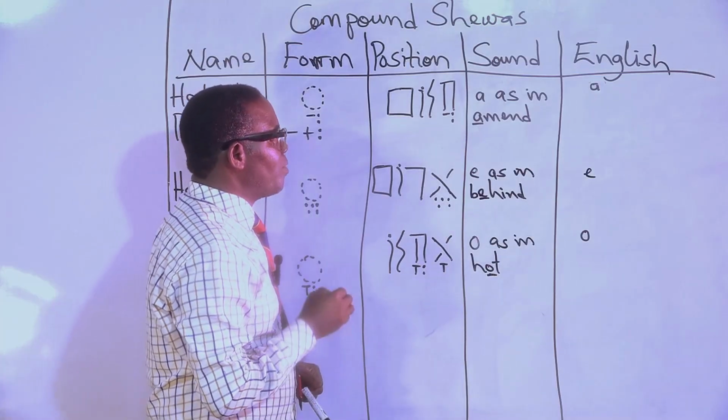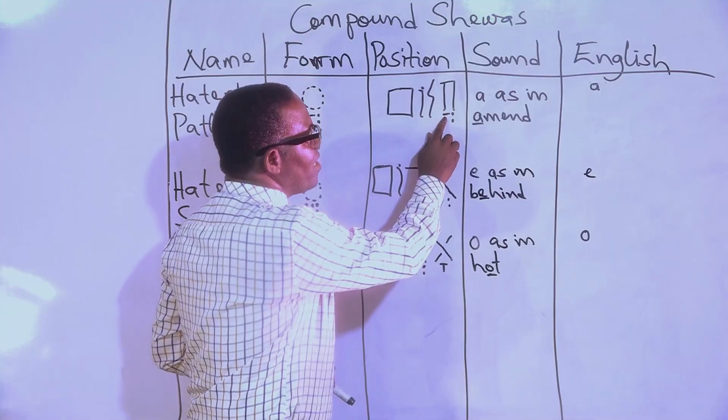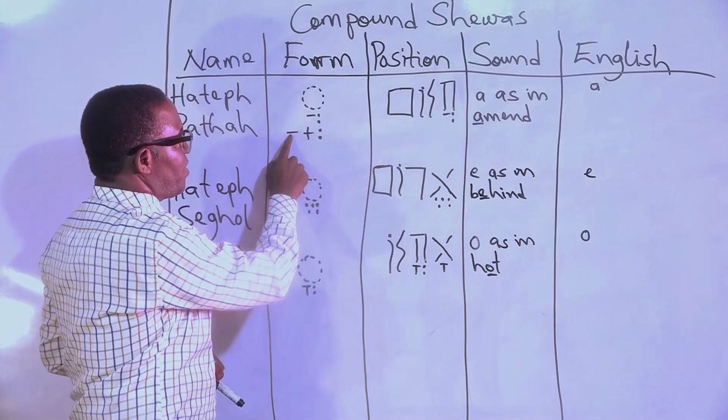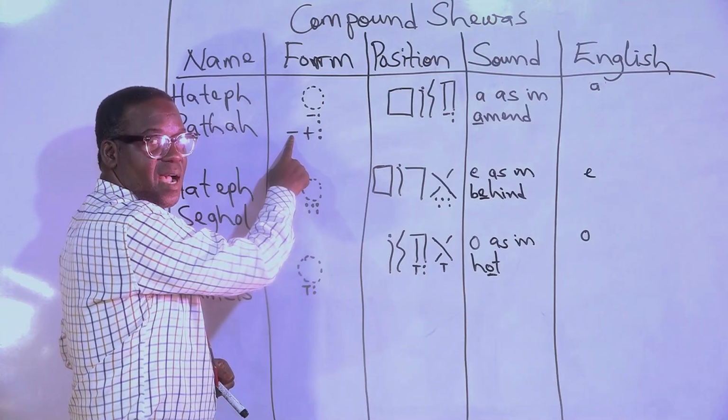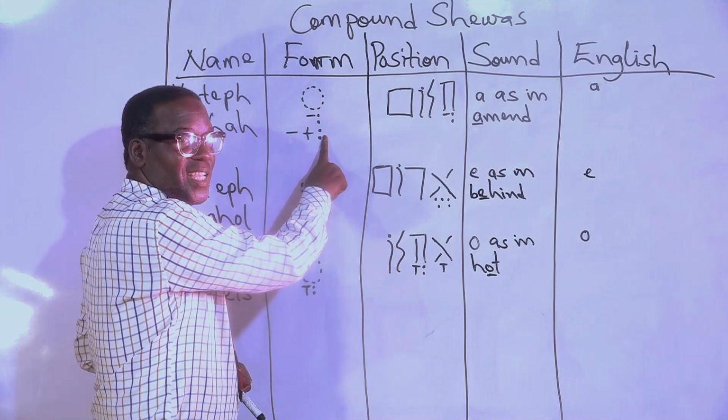Very, very brief. In other words, the sound takes the sound of the corresponding vowel. Because you know that this is patah, which sounds as a, and this is shewa, which sounds as a.